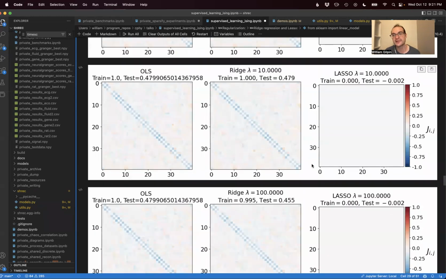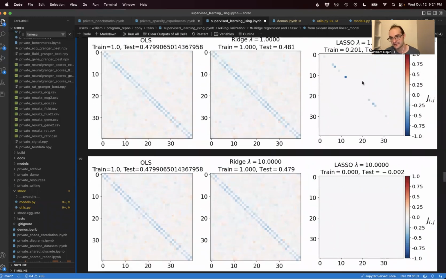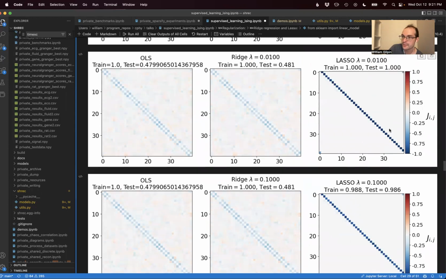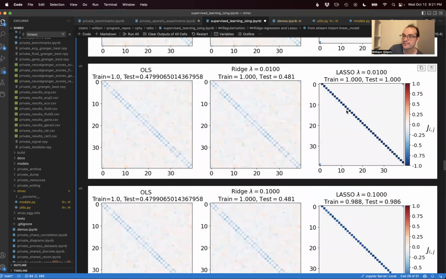So there's a regime in lambda where I have enough of this penalty that it seems to work perfectly. The problem is, how would I know if I didn't have access to the ground truth of this matrix? How would I know that this was the right choice? The clue here is that even if I don't know what this matrix should look like, I know that having a test accuracy of 1 is good.